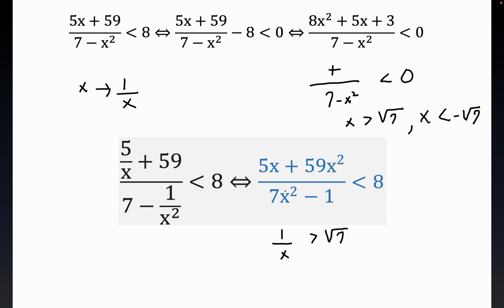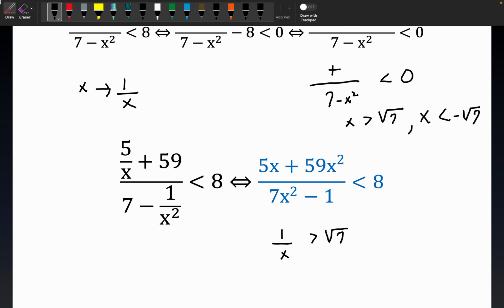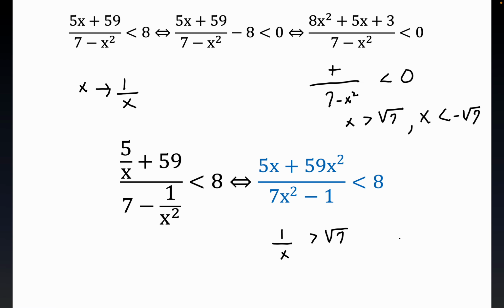This tells us that x, if you multiply by x and divide by root 7, you would get 1 over root 7, folks. Now, what I did in one step, I divided by root 7, and then I multiplied through by x, so we get 1 over root 7 is going to be greater than x.